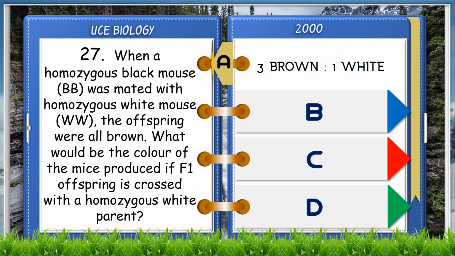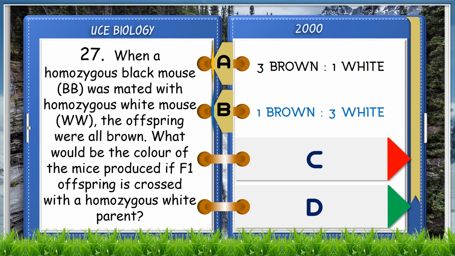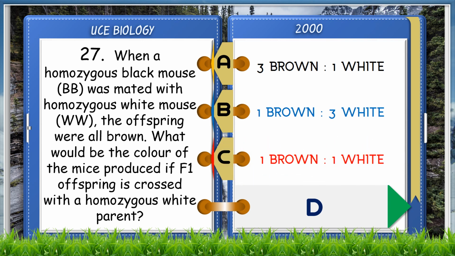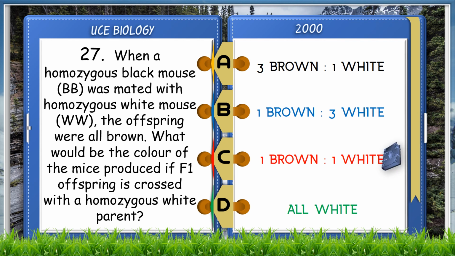A. 3 brown, 1 white. B. 1 brown, 3 white. C. 1 brown, 1 white. D. All white. The answer is C. 1 brown, 1 white.